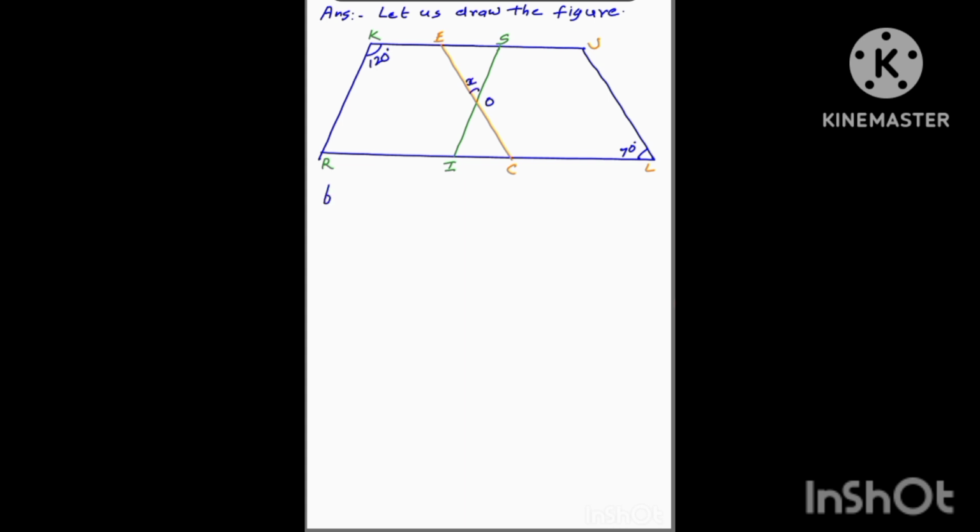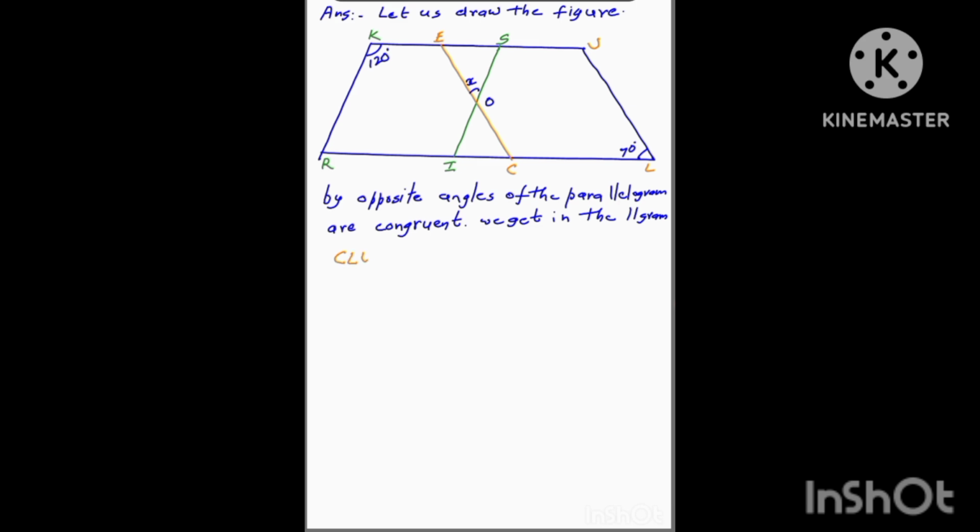Let us consider the intersection of the two lines as O. Now, by the opposite angle property of the parallelogram, which says that the opposite angles of the parallelogram are congruent, a very easy property, we will be using that for the parallelogram CLUE.